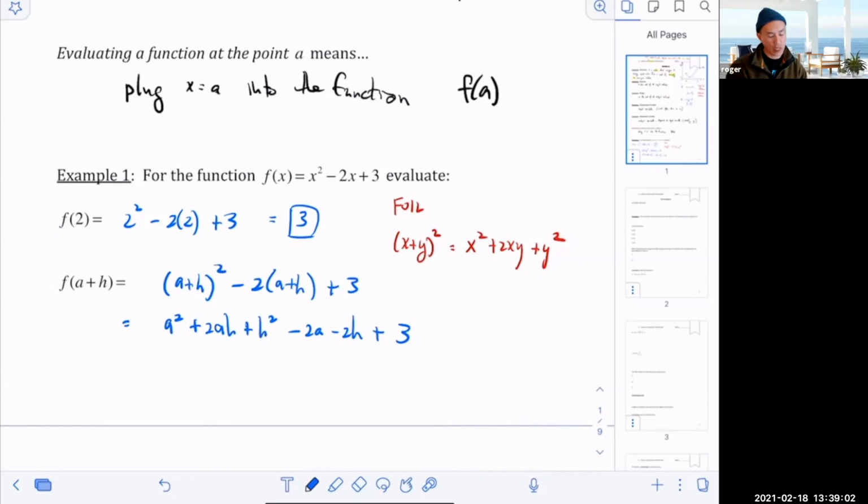So one thing I want to draw your attention to is this negative right here. A lot of times students forget to distribute the negative to both terms when they're doing the distribution. So just make sure you don't forget that.